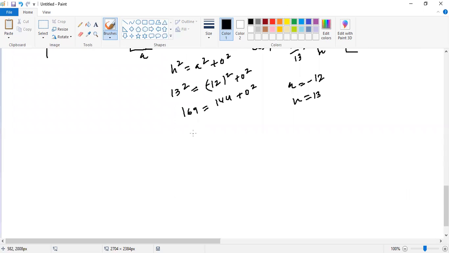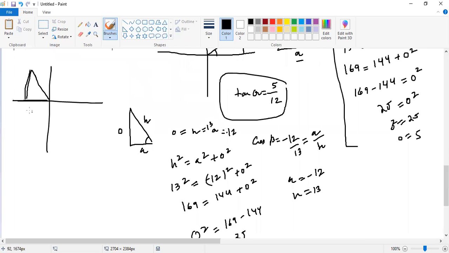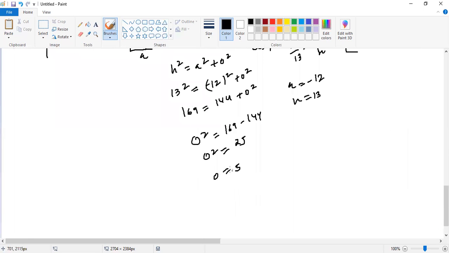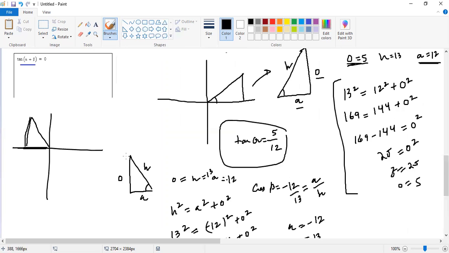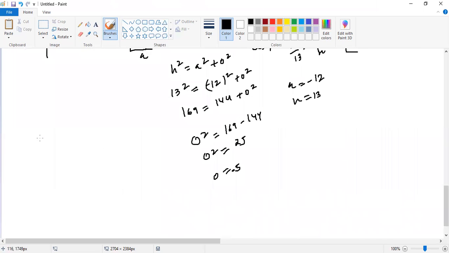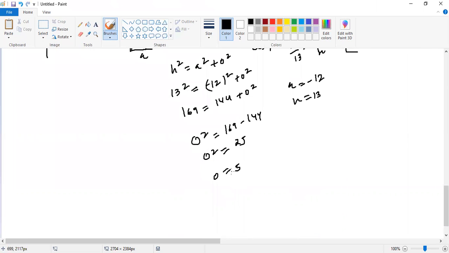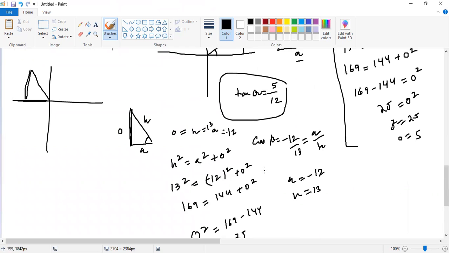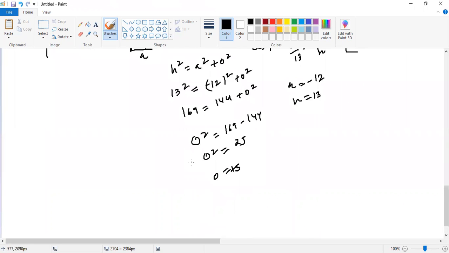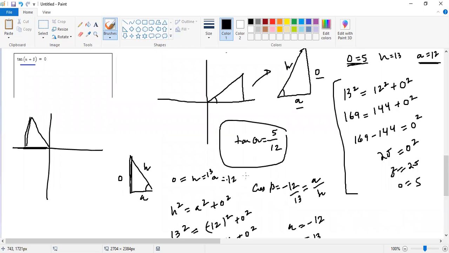Same assessment, where O squared equals 169 minus 144. So O squared equals 25, O equals 5. Since O is opposite, that's our Y value, so that's going to be positive. Okay, so we know that O is positive 5.